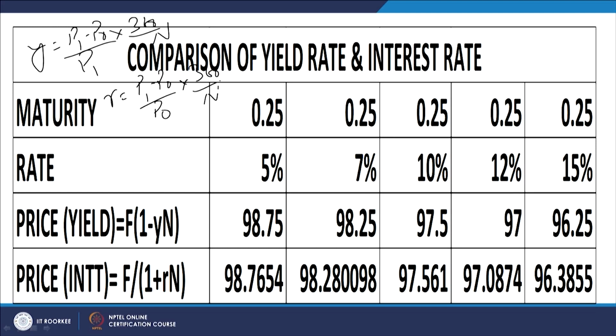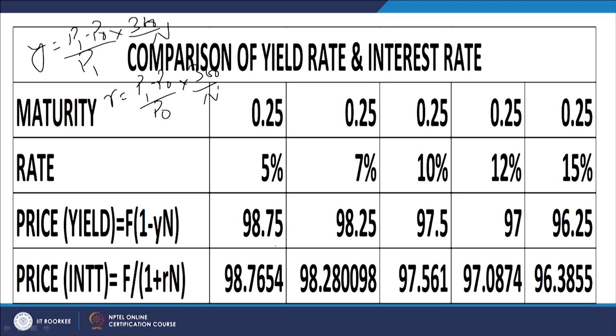Now, just to show the relative differences in the prices, if I use one or the other, I worked out a table corresponding to a maturity of 90 days, which is what we have been talking about most of the time.